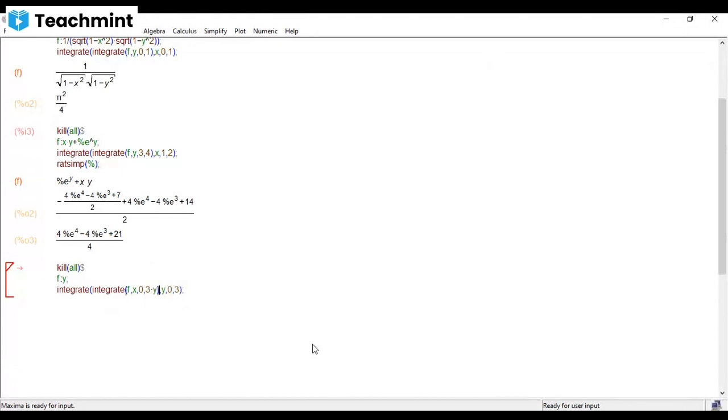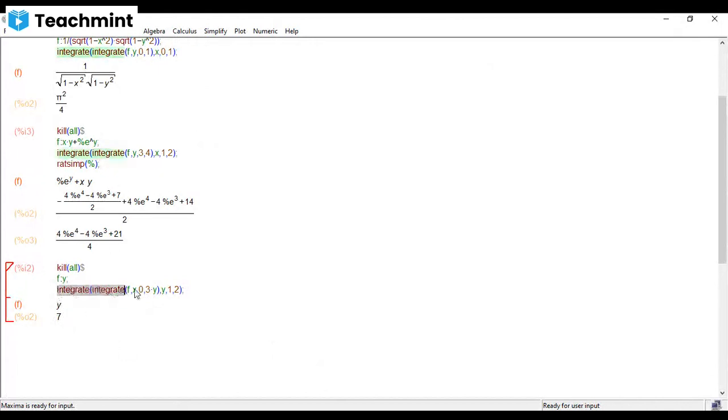Close the bracket. That answer has to be evaluated with respect to y, where y varies from 1 to 2. Your function is y, and the limit is this.